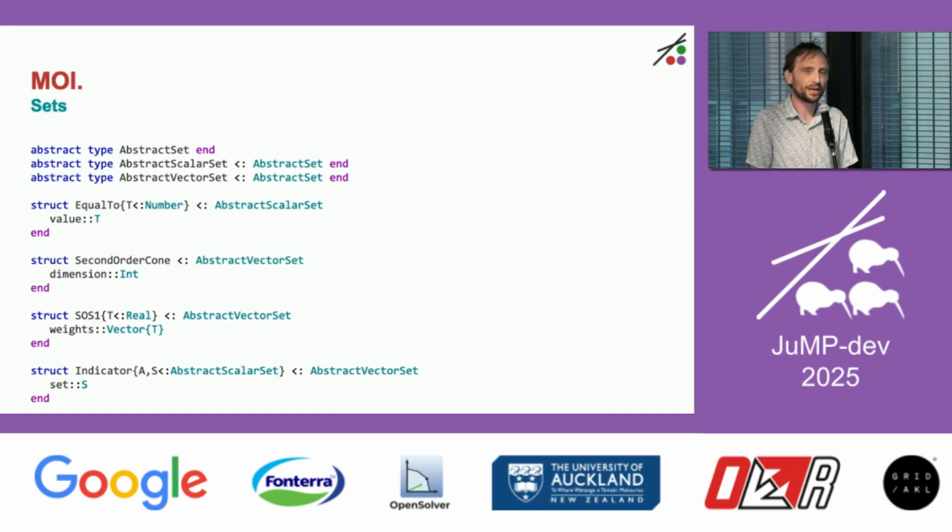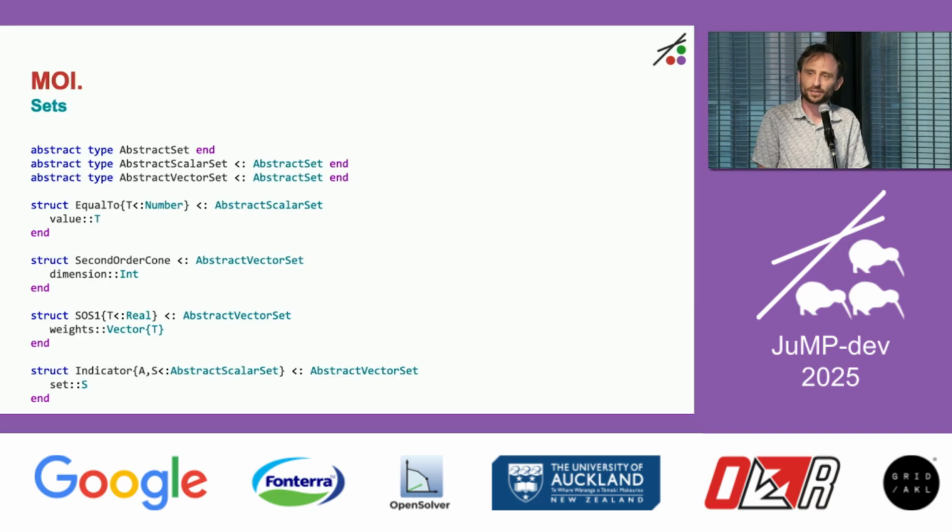For sets, we have the same breakdown. We have an abstract set type at the top. We have an abstract scalar set and an abstract vector set. So like the set EqualTo is parameterized by the number type. It just has a value. The second order cone has a dimension, which says what is the dimension of the input vector. So if I have f of x lies inside the set second order cone, what is the dimension of f of x? There's a set for SOS1 constraints. These have data associated with them.